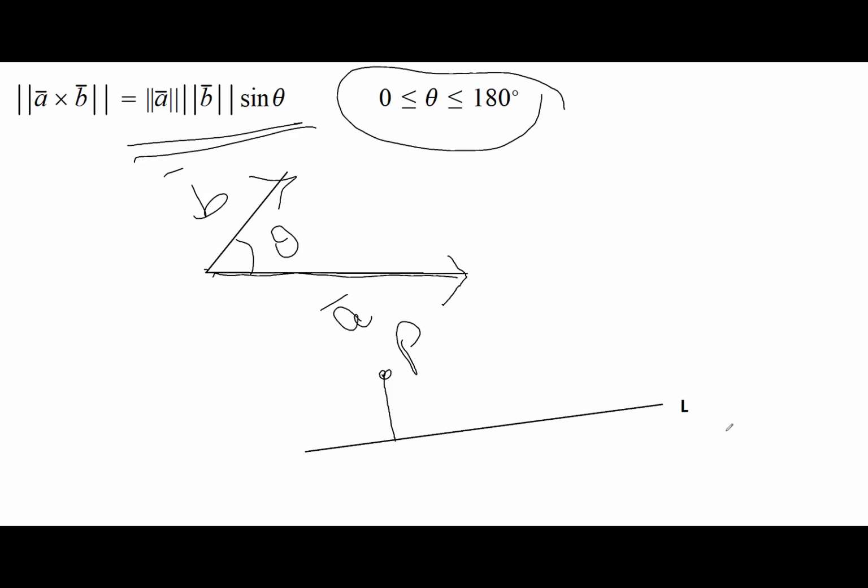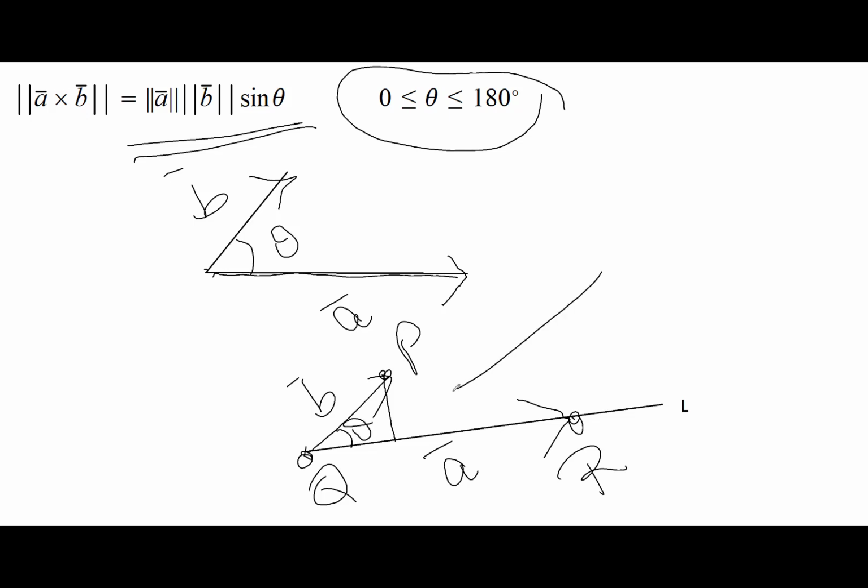So a way we can determine this is that we take a point Q here and a point R here, anywhere is good, and let me call this the vector B and call this the vector A, and if the angle is theta, then you can see that this length will be the length of the vector B times sine of theta.